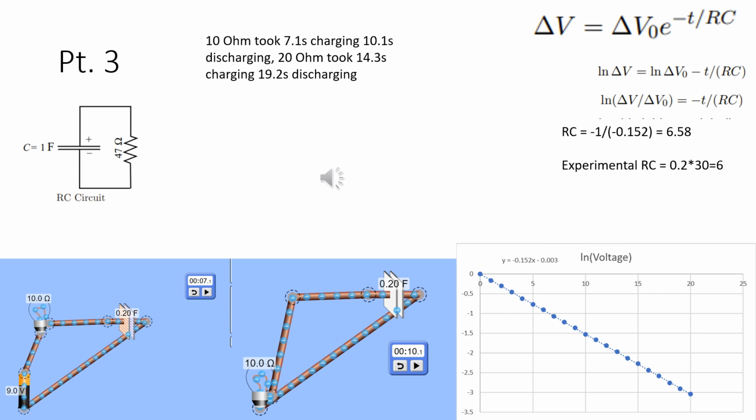That gets you the slope being negative, so that should get you ln V equals negative t over RC. So the x-axis is t, our x value, and negative 1 over RC is your slope. And so you solve for RC there.